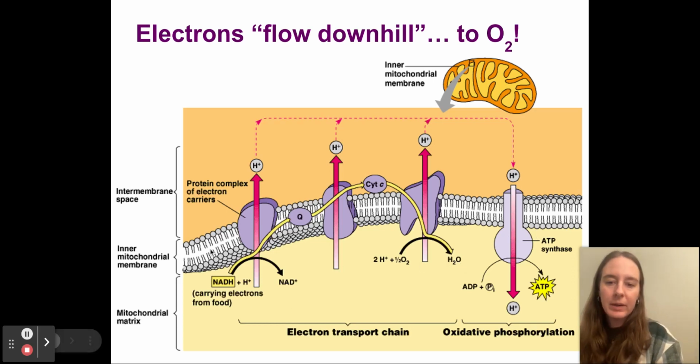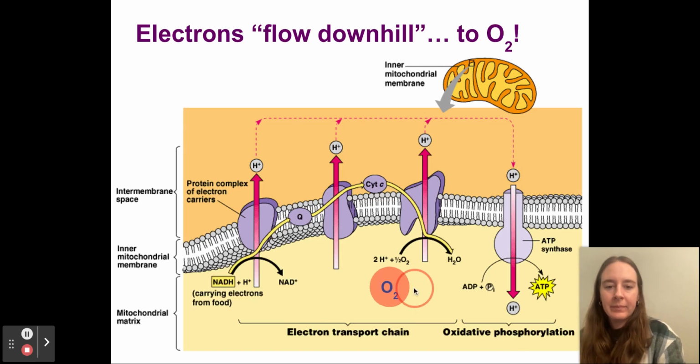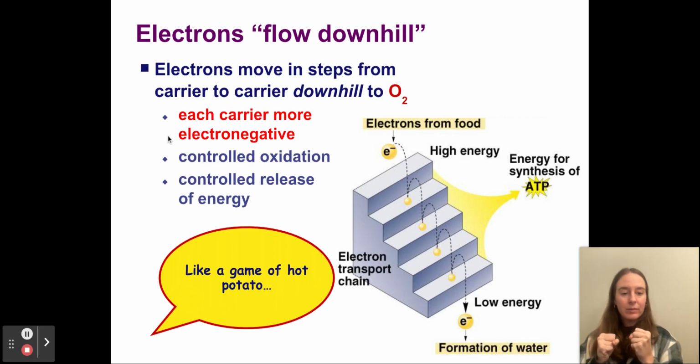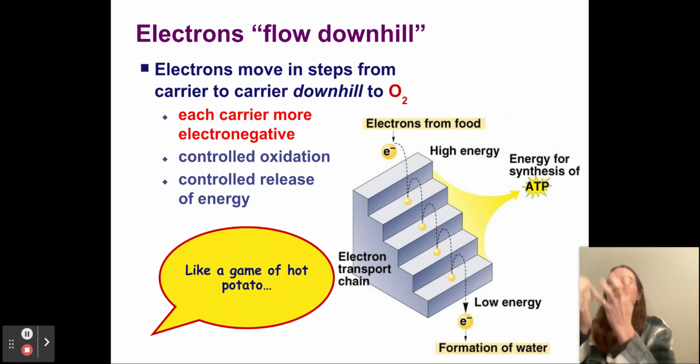Okay, here's another picture so you can see where this is taking place. It's important for you to know the intermembrane space versus the mitochondrial matrix is the direction where hydrogen ions are moving in. Okay, here's another way to see it. The electrons, as they're moving in steps from each carrier, are moving towards more electronegative molecules. Those electronegative molecules are basically molecules that are really selfish for electrons.